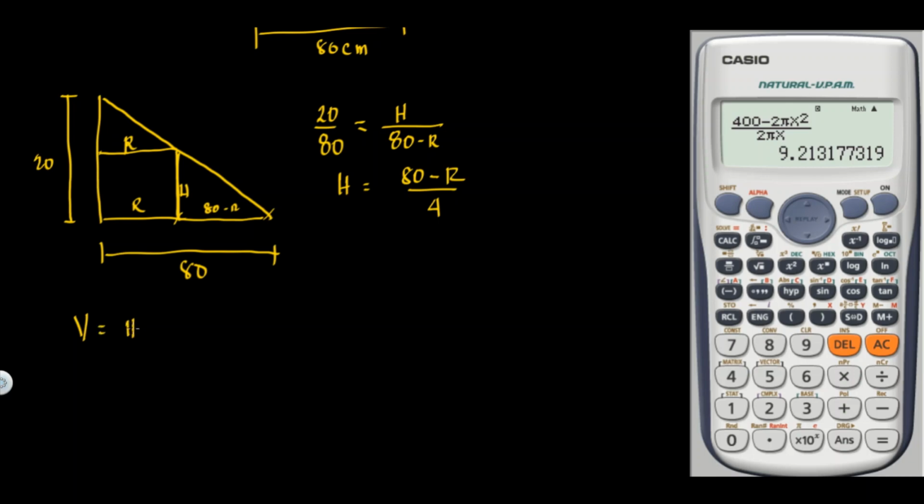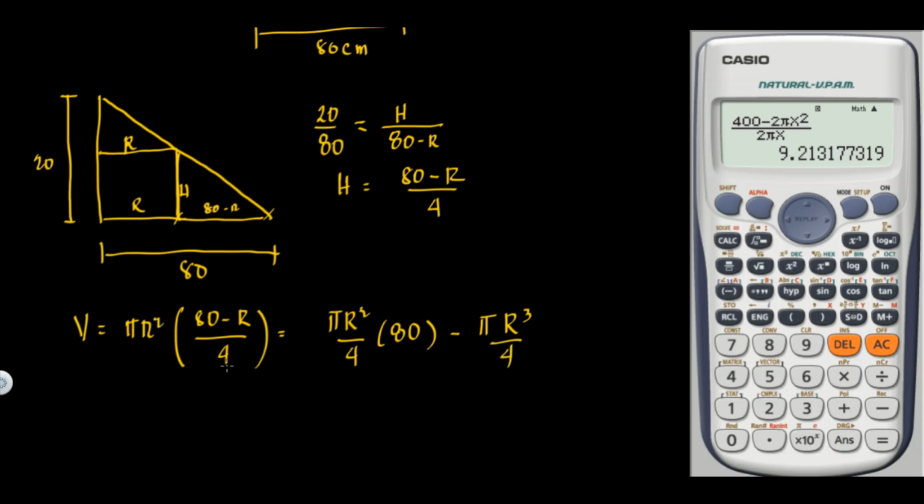So, we have pi r squared times H. Ito yung H. So, we need times 80 minus R over 4. Okay. So, we have, ilan to? So, pi r square over 4 times 80. Then, minus pi r cube over 4.